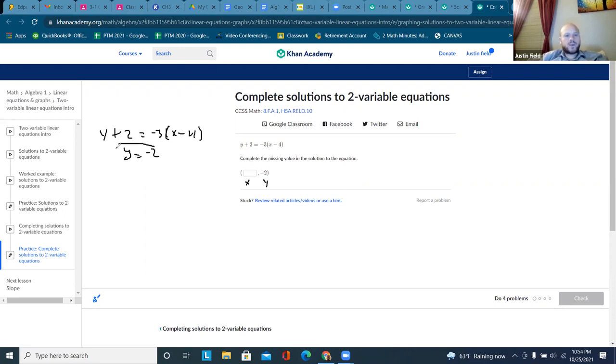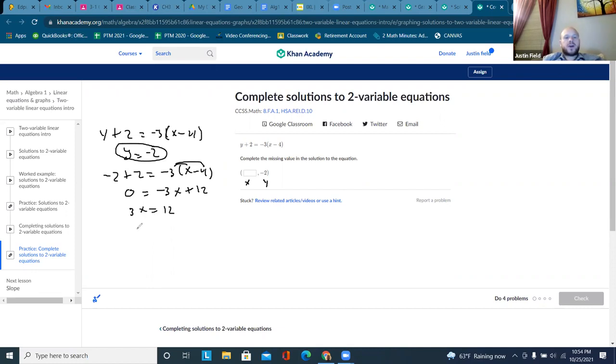So we know that y equals -2, right? So let's write -2 plus 2 equals -3x minus 4. And now we have a multi-step equation. We'll distribute, get that done, and then put our variables on the left, numbers on the right, do some division, and we'll be out of sight. The answer is 4.